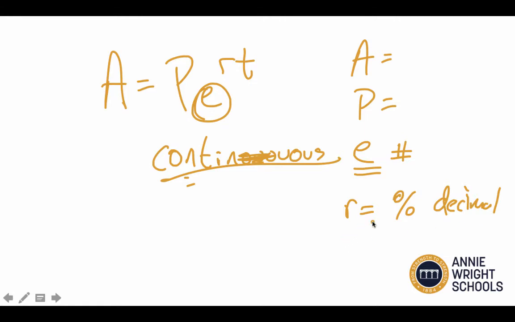t is time. So let's go back to that example that we did earlier. If you took $1,000 at 4.25% compounded continuously for 5 years, it would look like this. Again, you reach for your calculator and you do 1,000. Then you use that second ln button. ln stands for natural log.